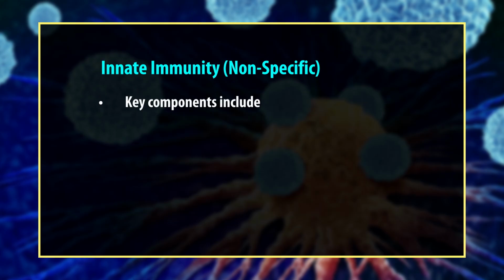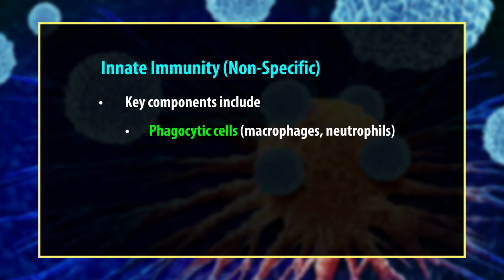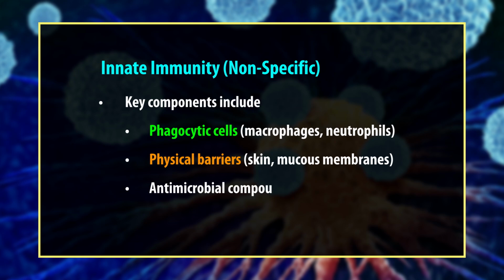Key components include phagocytic cells such as macrophages and neutrophils, physical barriers such as skin and mucous membranes, antimicrobial compounds, and normal microflora, all working together to prevent pathogen entry and spread.